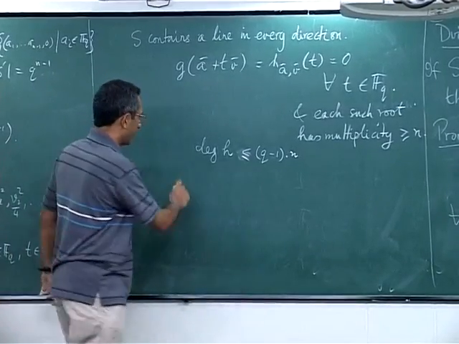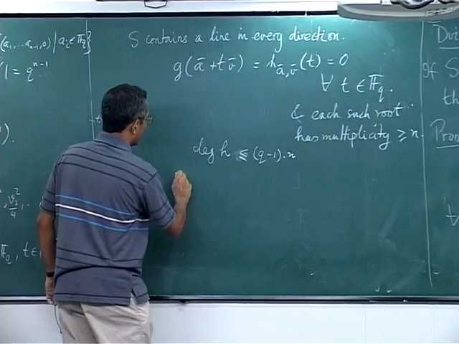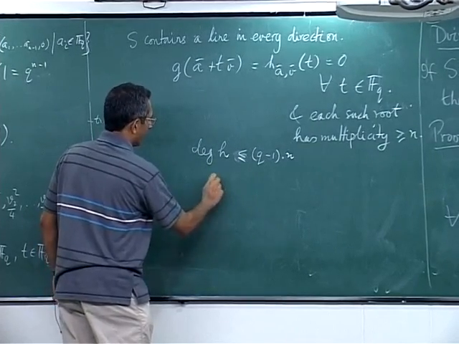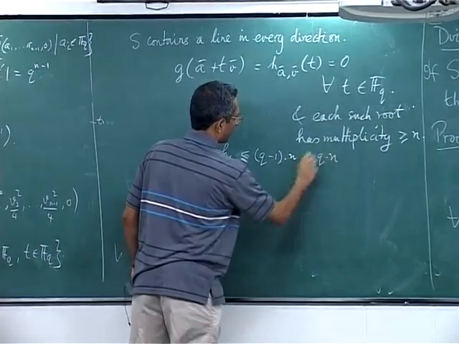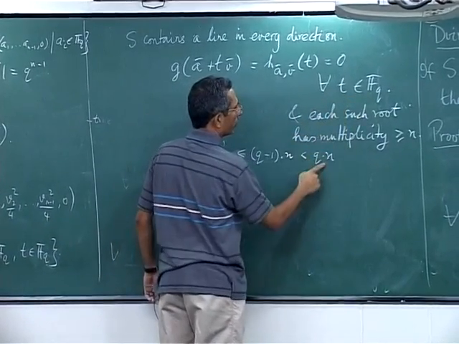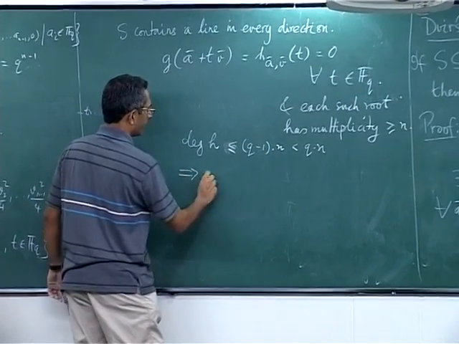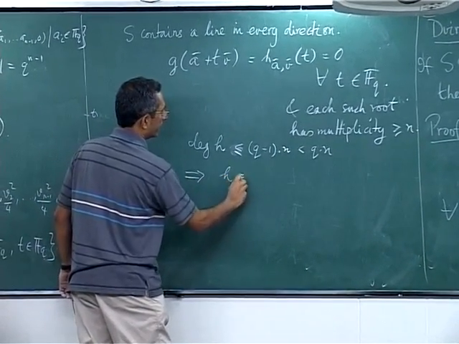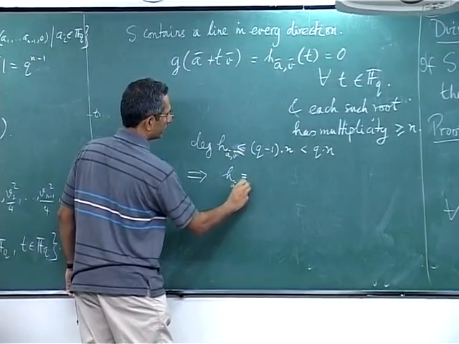That means, but I know that the degree is less than q times n. Each of the elements of Fq is a root with multiplicity n. So this can happen only if h is identically 0.